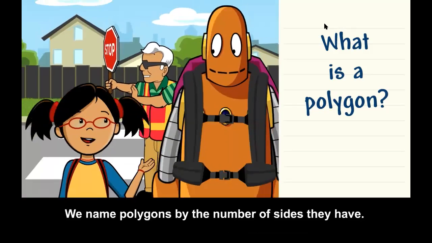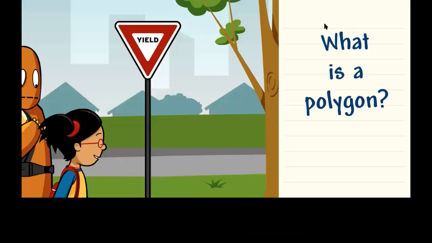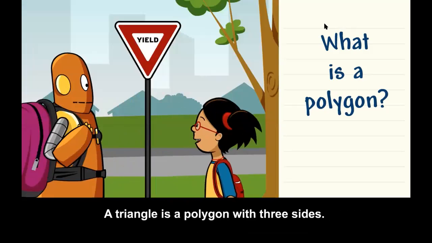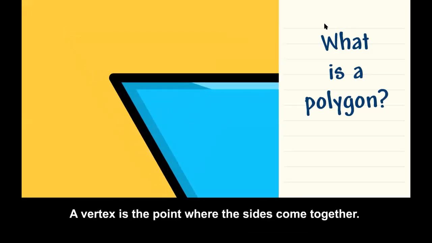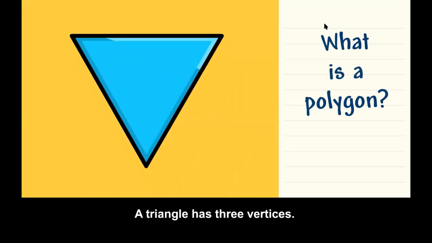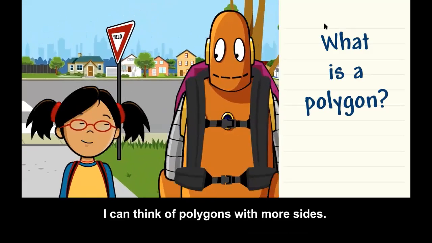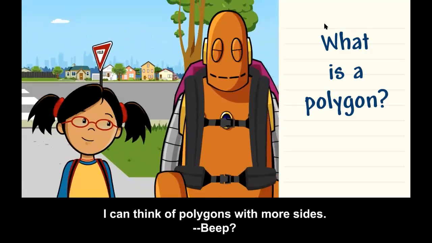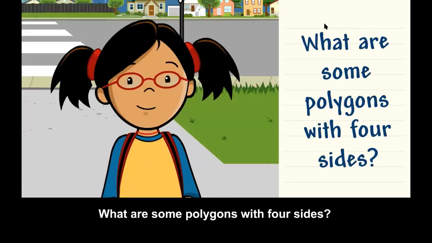We name polygons by the number of sides they have. A triangle is a polygon with 3 sides. A vertex is the point where the sides come together. A triangle has 3 vertices. Of polygons with more sides. What are some polygons with 4 sides?